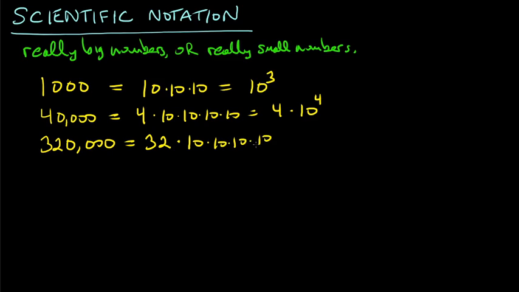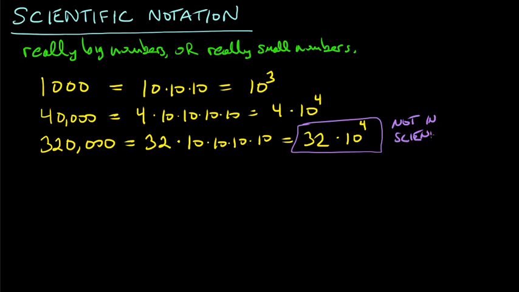Yeah, 4 zeros. So this is going to be 32 times 10 to the power 4 again. Okay. So all of these numbers, except for the last number, are in scientific notation. This last number is not in scientific notation. Not yet, anyways.